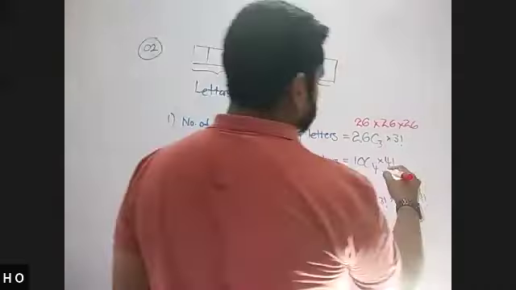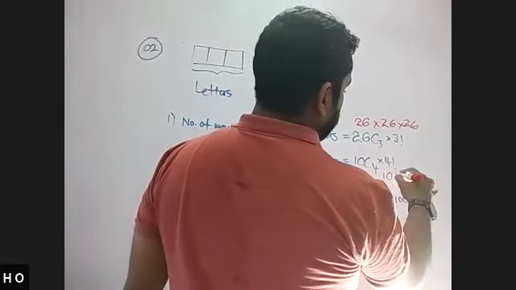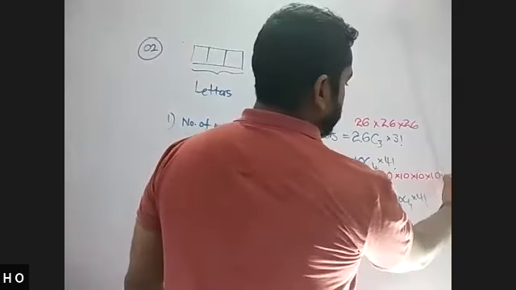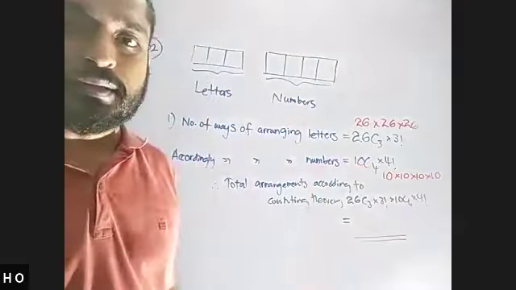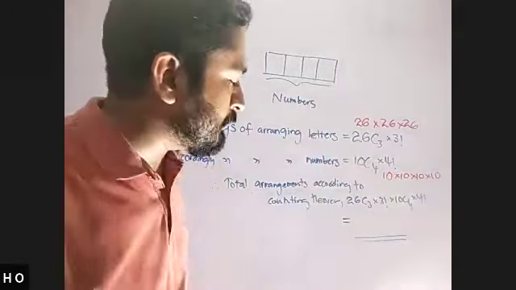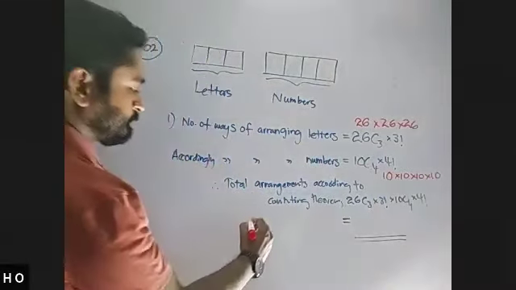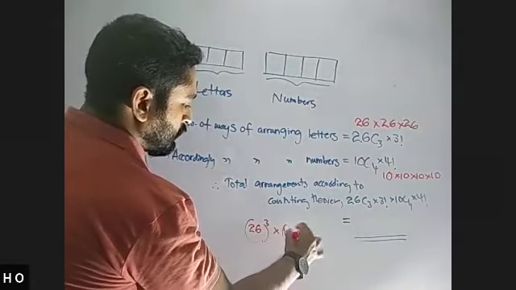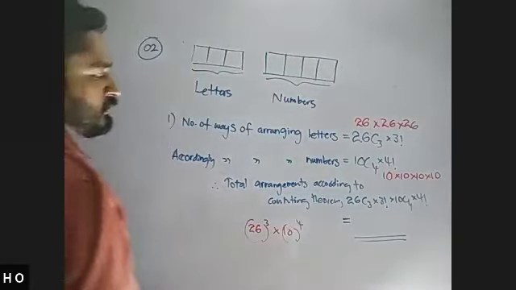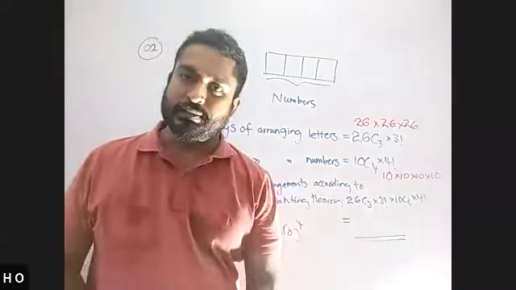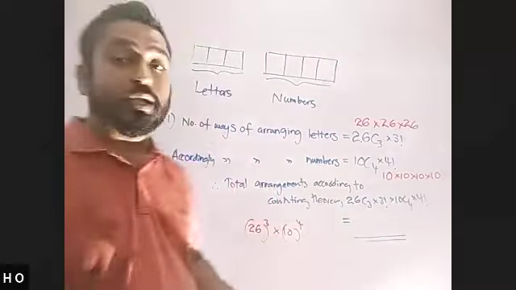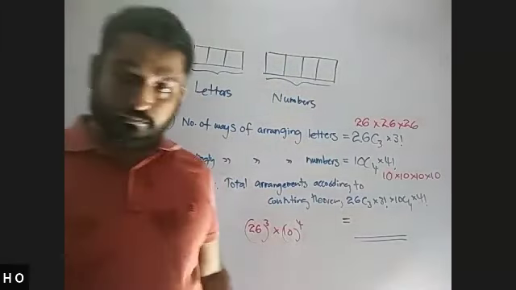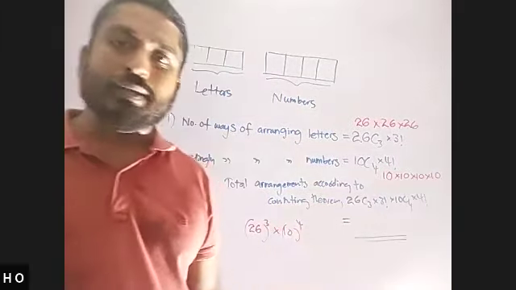So here, what should be the answer? 10, 10, 10, 10, it doesn't matter, it gets repeated. So the final answer is 26 to the power 3 into 10 to the power 4 with the simplification. That is going to be the answer for the second part. Please complete with the answers. If you have any issue, please ask.